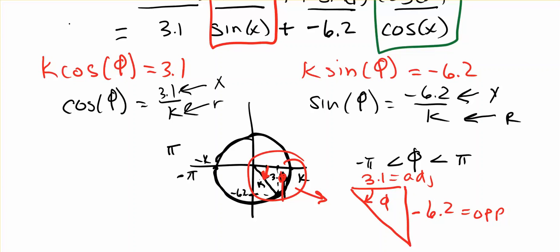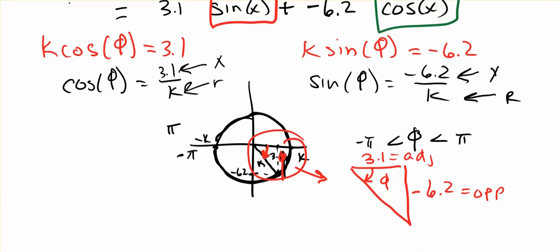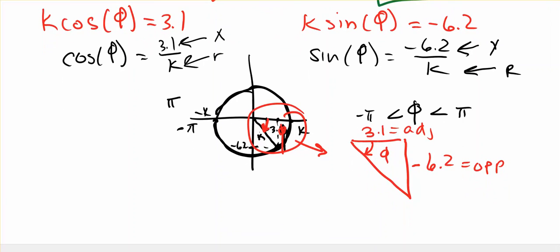So we're going to use the inverse tan function to come up with phi. And the great thing about the inverse tan function is that it already gives us values. So the tan of phi then will equal negative 6.2 over 3.1.